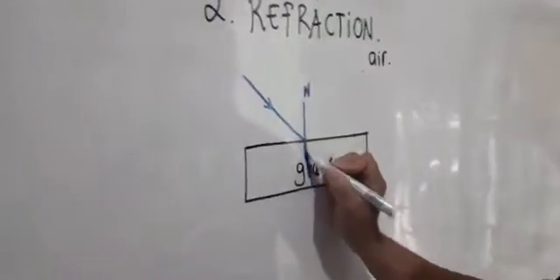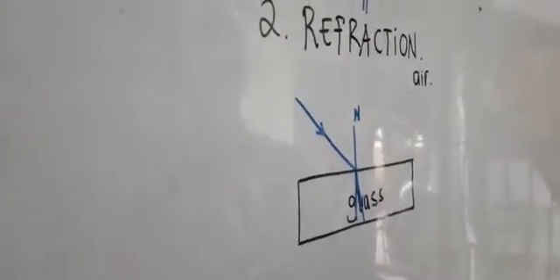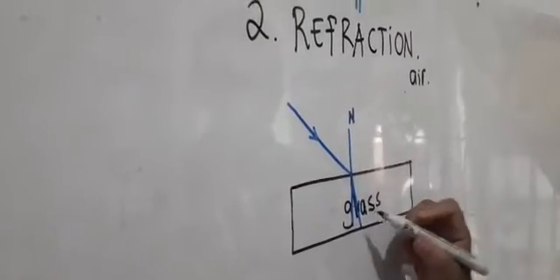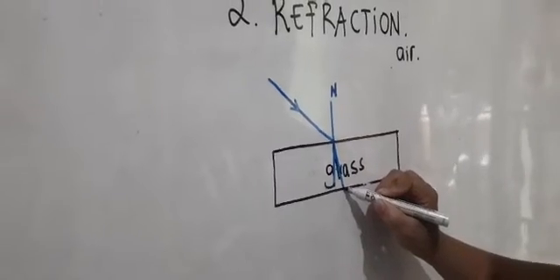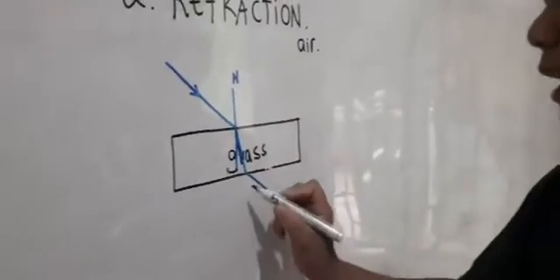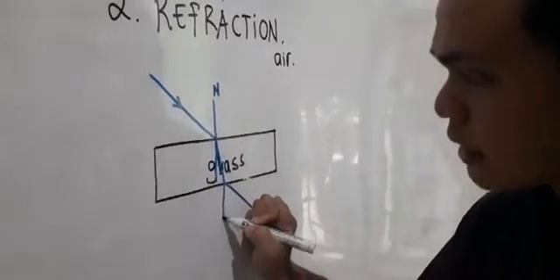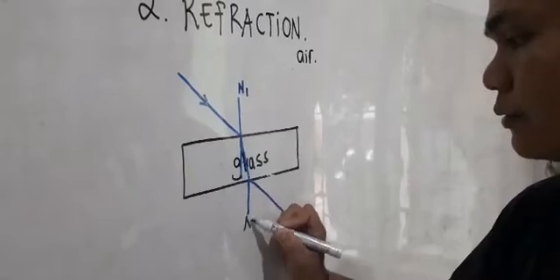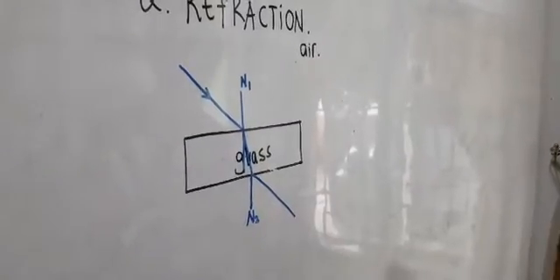When the light comes from the glass to the air, it will also be bent away from the normal line. This is the normal line, N1, normal line 1, and N2, the second normal line.